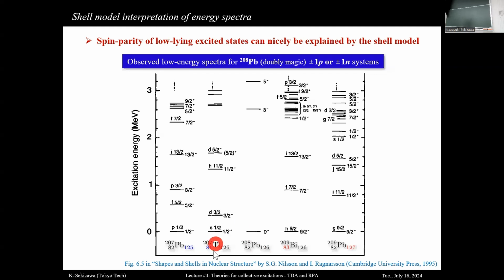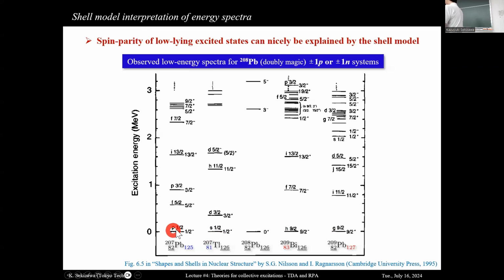Those are neighboring nuclei with one particle or one hole. It means one proton is added to the closed shell 82, or one neutron is added to the closed shell 126, like this. And those are excitation spectra.